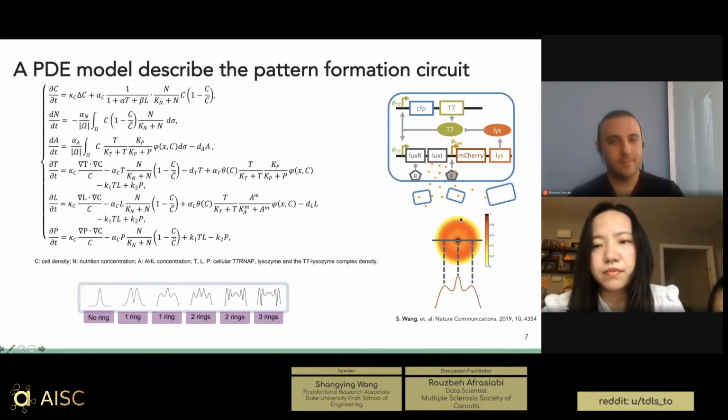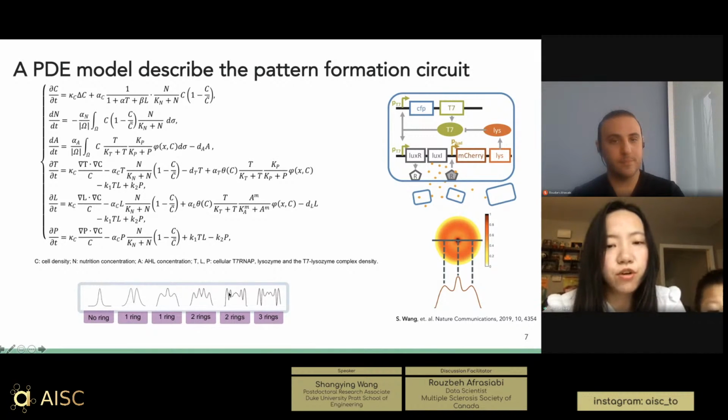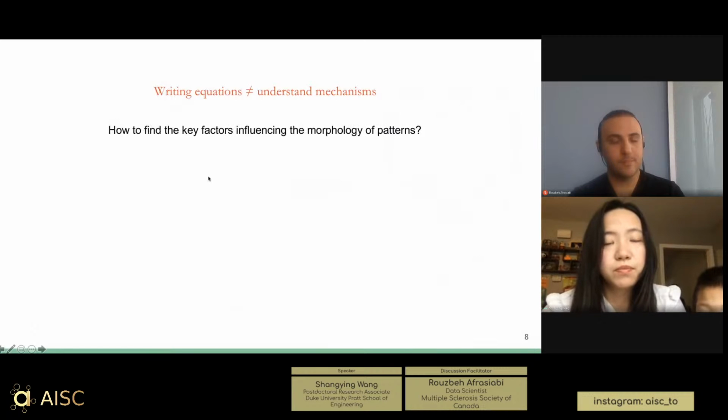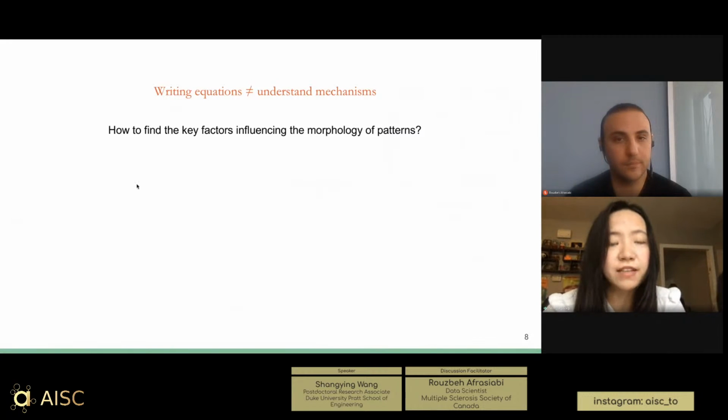Based on this PDE model, if we want to know under what conditions ring-core patterns are formed, maybe that's very, very difficult, because writing equations doesn't mean understanding the mechanisms and how to find the key factors influencing the morphology of patterns. One way is to screen through the parameter space.